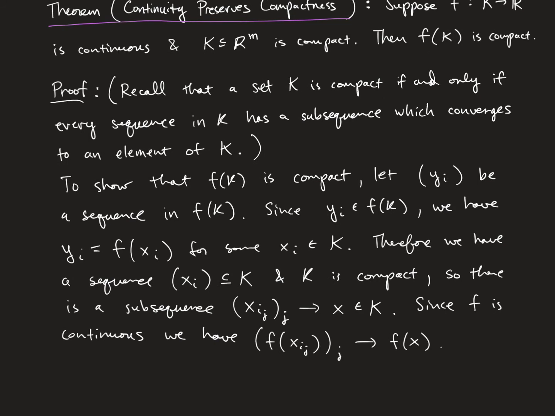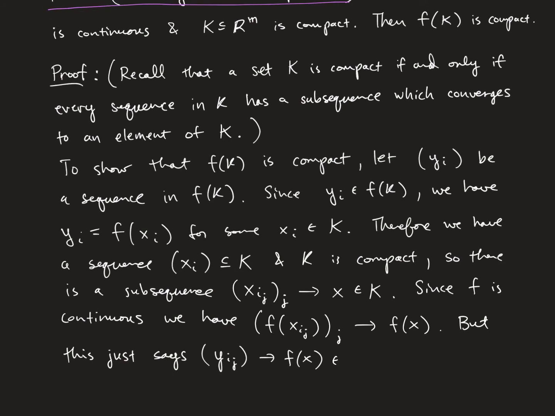But then just remember that the y's are exactly the f of the x's, right? So this just says that y sub i sub j converges to f of x.